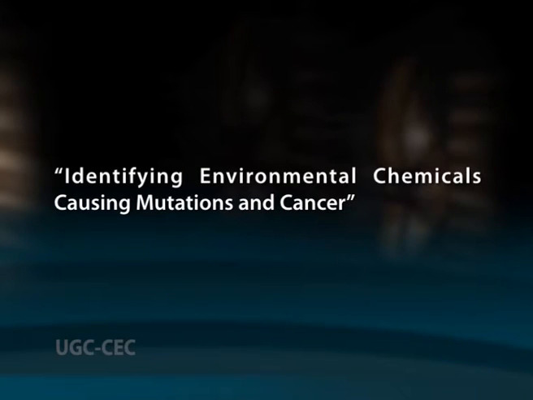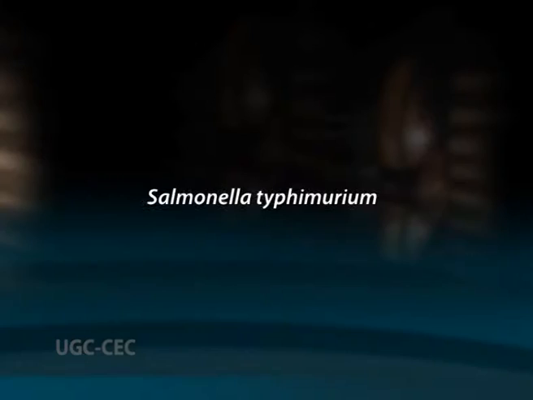Dr. Ames' work was published as a paper identifying environmental chemicals causing mutations and cancer, which paved the way for scientists to identify carcinogens in pesticides such as DDT, food additives such as AF2, flame retardant tris-BP, and mutagenic compounds in commercial hair dyes.